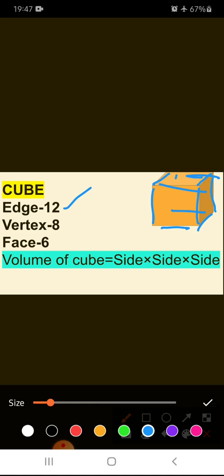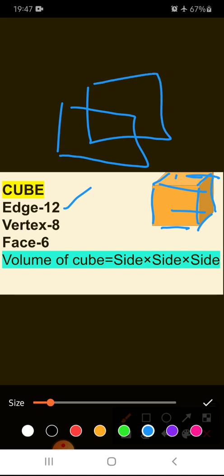Now vertices, how many vertices are there in the cube? Let's count. I'll mark them with red color. 1, 2, 3, 4, 5, 6, 7, 8. So 8 vertices are there.